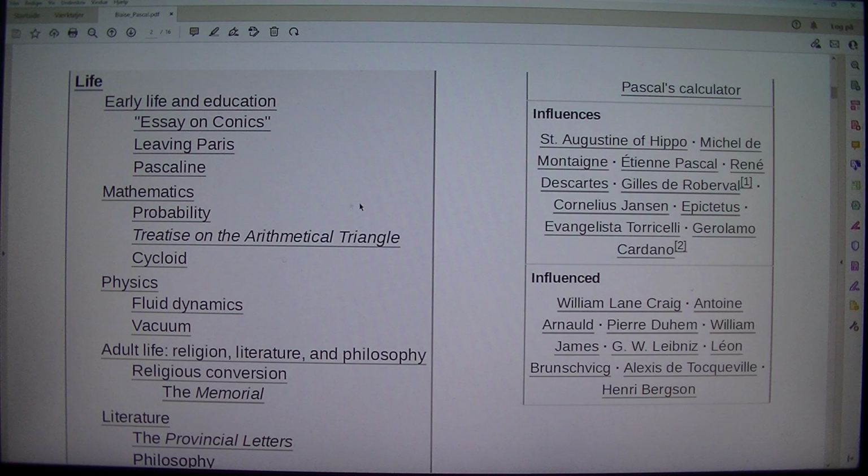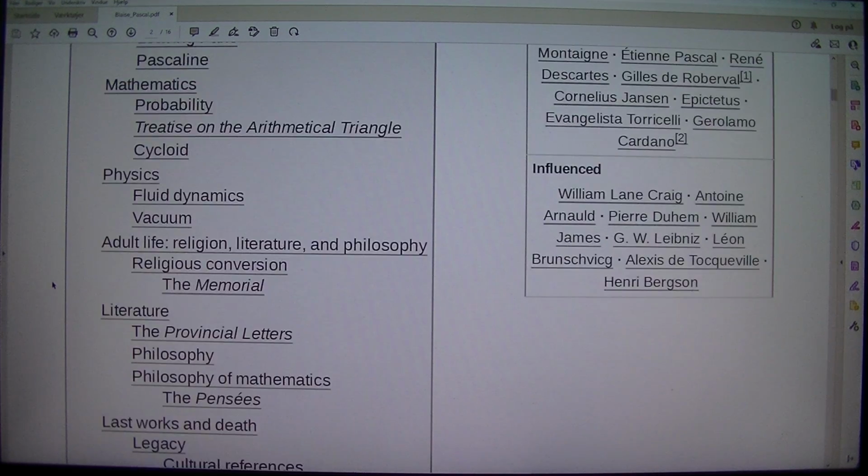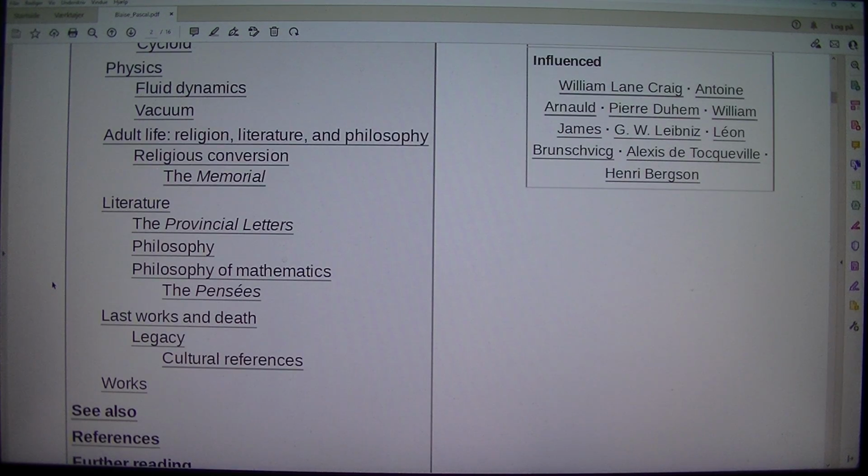Life, Early Life and Education, Essay on Conics. Leaving Paris. Pascaline. Mathematics, Probability. Treatise on the Arithmetical Triangle. Cycloid. Physics, Fluid Dynamics, Vacuum. Adult Life, Religion, Literature, and Philosophy.